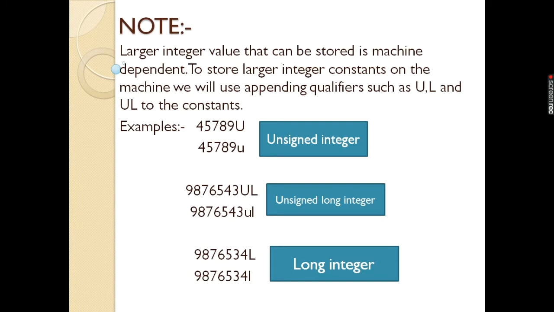For example, 45789U with capital U or small u is considered an unsigned integer. 9876543UL or small ul is considered an unsigned long integer. 9876534L or small l is considered a long integer.